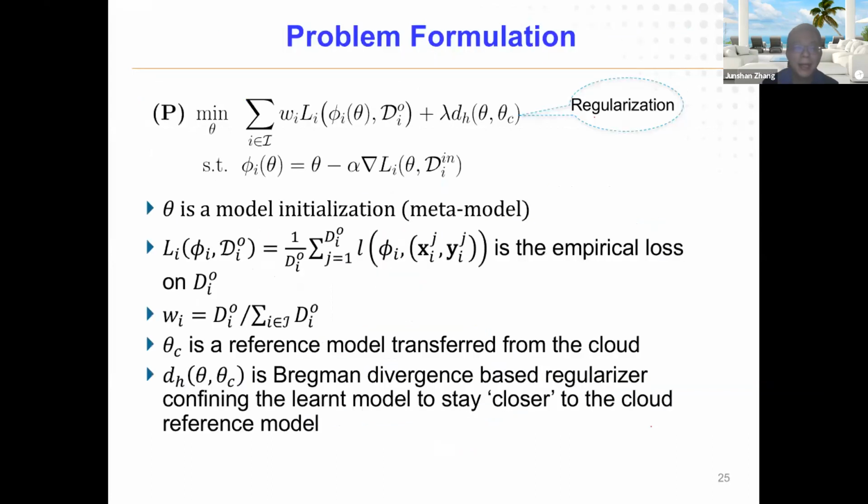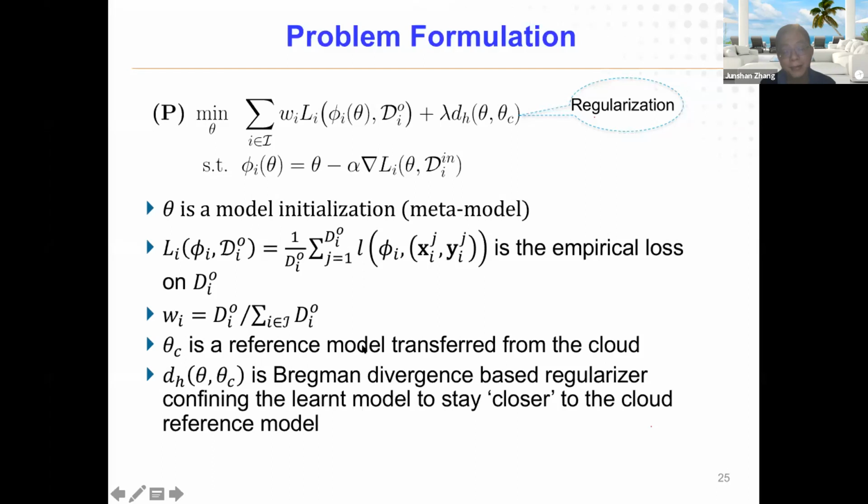The mathematical formulation is federated learning, so we try to minimize the overall loss over multiple edge devices, say I of them. Each of them has local data, and let's use LI to denote the corresponding empirical loss based on local data DI. For federated meta learning, the objective is to minimize the weighted overall loss function, and to incorporate the knowledge transfer from the cloud, we use a regularization based on the so-called Bregman divergence.